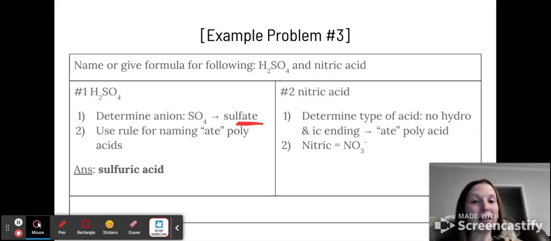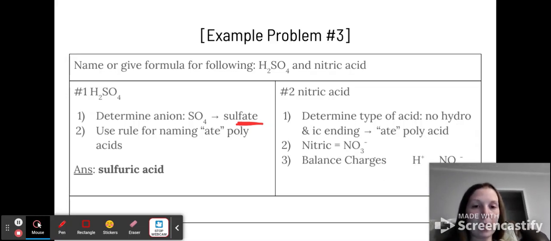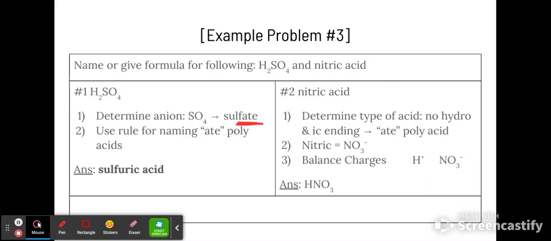Since we know we're dealing with the ate, find nitrate, which would be NO3 minus. And since it's NO3 minus, we combine that with H plus. They are equal but opposite, so you make a formula of HNO3.